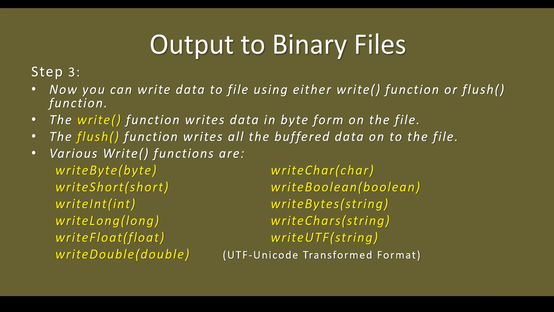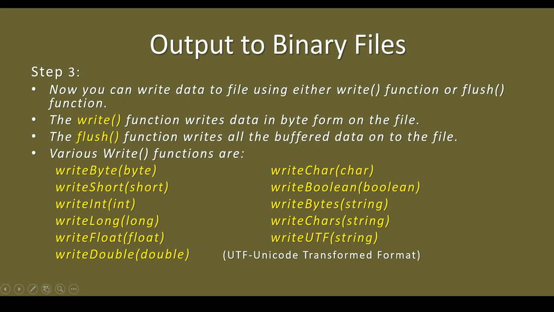You won't be able to view the data, but it will be created on your hard disk. Whenever you want to retrieve it, you have to retrieve it through a program only, not directly through notepad. You cannot open it in notepad and view it, it won't be visible. If you want to read it from the file, again you have to create input from binary files and get it. The flush function writes all the buffer data onto the file.